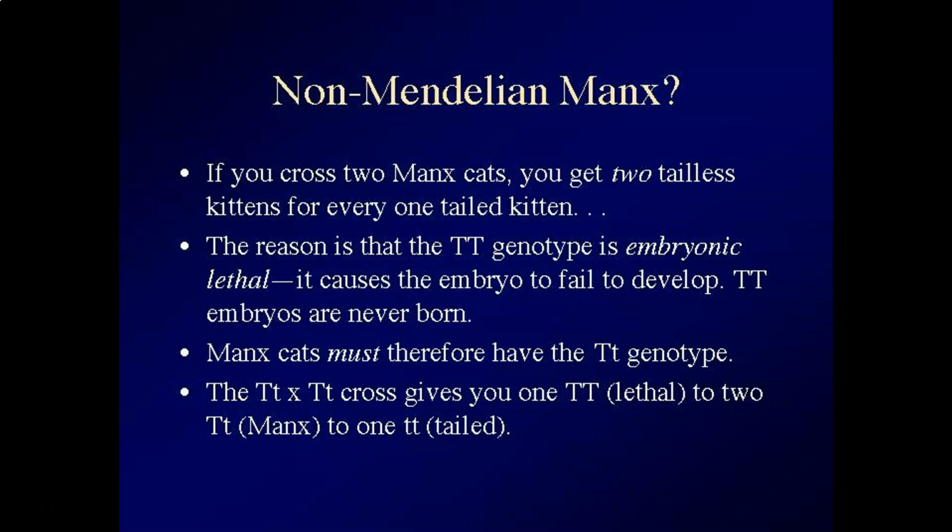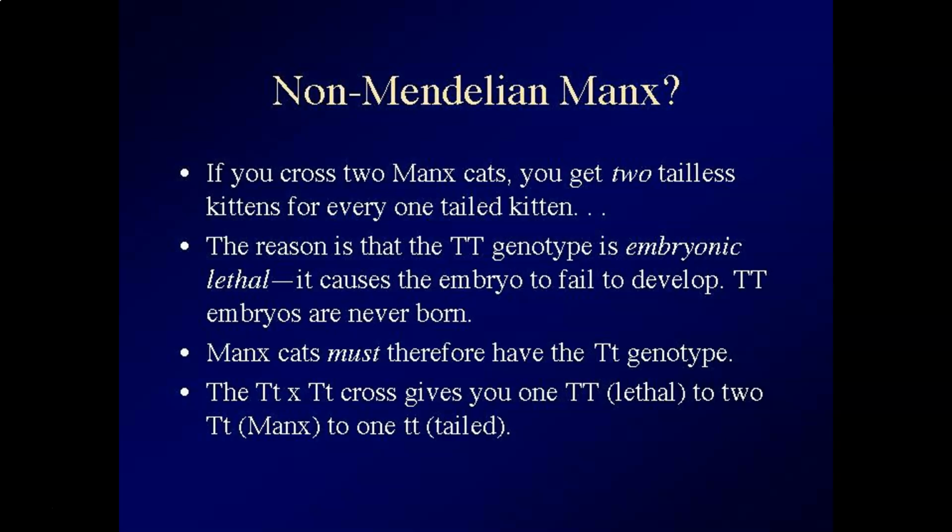And so every Minx cat therefore has to be heterozygous for its genotype, which means as a breeder, you will always end up with the potential to get a handful of tailed kittens in your breed, which does also mean that this particular breed is a little bit more expensive. From a breeder standpoint, you've got to figure out what to do with these tailed kittens because it's not what you're trying to create. It's not what your clientele is looking for.